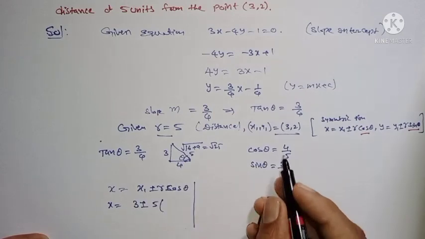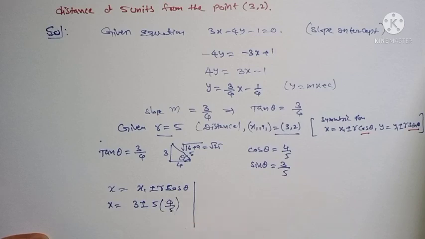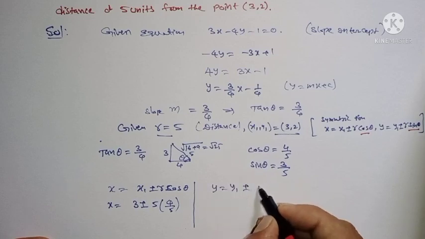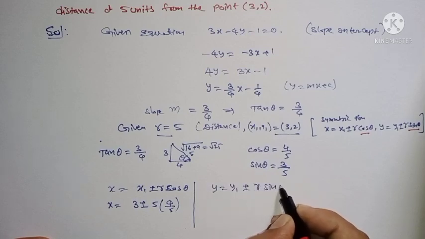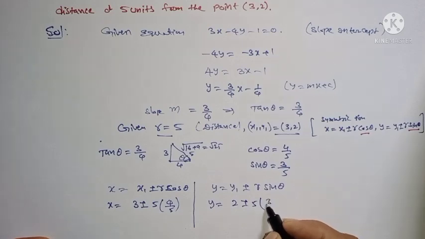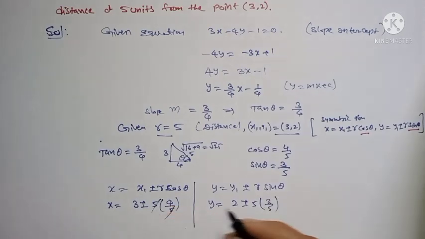What is the cos theta? 4 by 5. Clear? And y is equal to y1 plus or minus r sin theta. Therefore, y is equal to, y1 is nothing but 2 plus or minus 5, sin theta is equal to 3 by 5. You can simplify here, 5 gets cancelled, 5 gets cancelled.